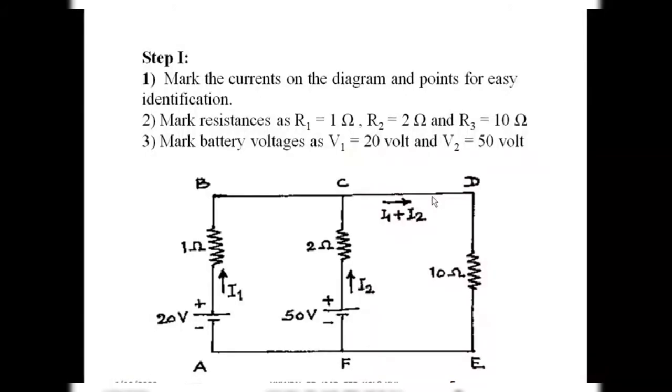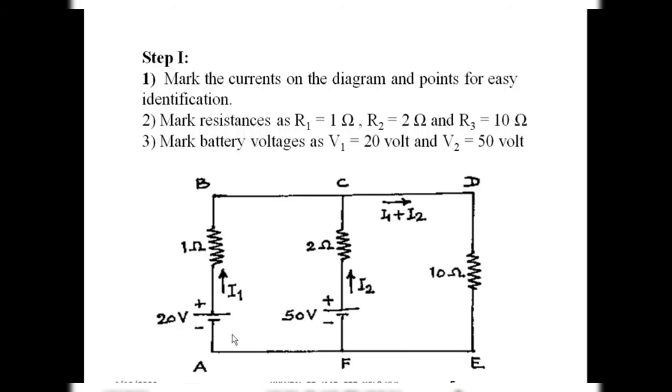So, the first step for this particular given problem is that we have to consider the circuit diagram for solving. That means we must make this diagram ready for the problem solving. For that, we have to mark the currents on the diagram, that is the branches of this particular circuit diagram.